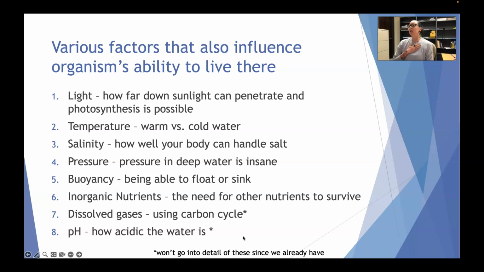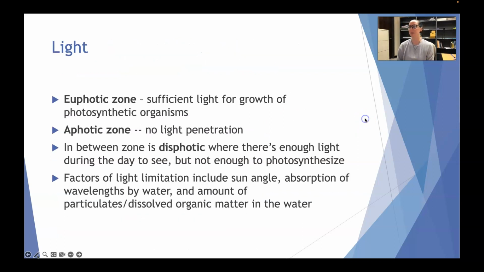So, light. This isn't the first time that we've talked about light, but there are other more nitpicky things that we're going to go into. As I said at the end of the last video, we break the ocean into various zones.